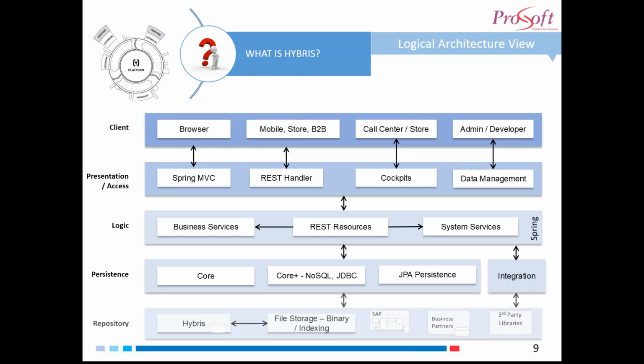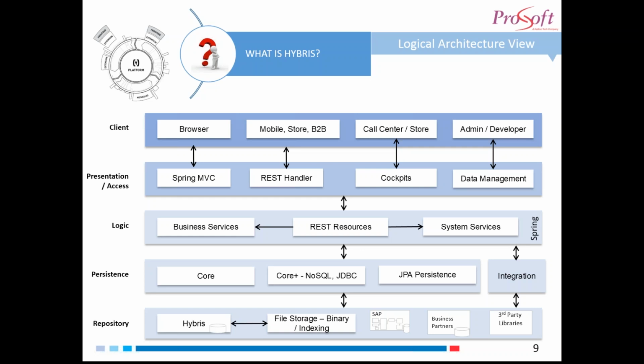So the repository tier, we all know, is a Hybris database, which has all the tables in one cohesive manner. We talk about the product PIM model, which is all about constraints in that. It has been linked to file storage, binary and indexing, any of the binary data stored on that.